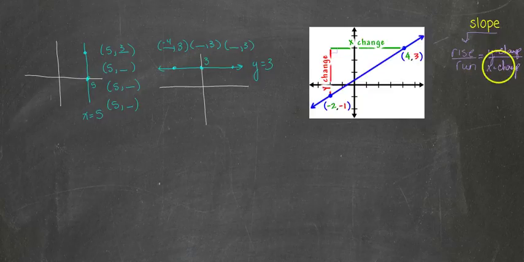Right? So change in x, change in y is the more mathy official way to say it, but rise over run is the easy way to remember it. So we're looking at traveling from one point to another point. How far did I have to rise to get to the second point, and how far did I have to run to get to the second point?